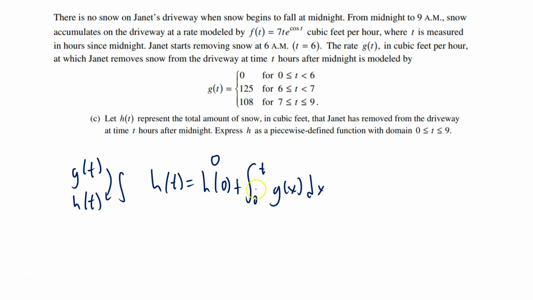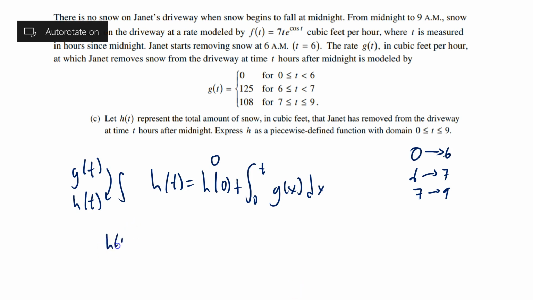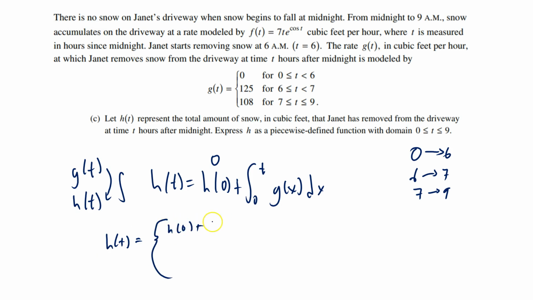Then we're going to have to do this as a piecewise function. So we're going to have to think about this from 0 to 6, and then from 6 to 7, and then from 7 to 9. So from 0 to 6, nothing has happened. So h of t, from 0 to 6, is h of 0 plus the integral from 0 to t of 0 dx.